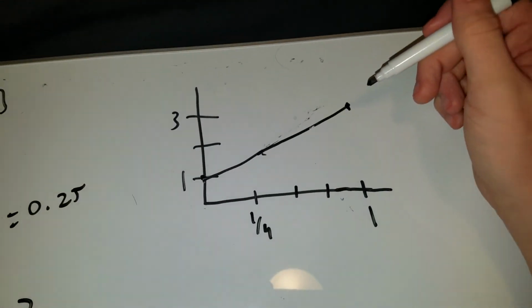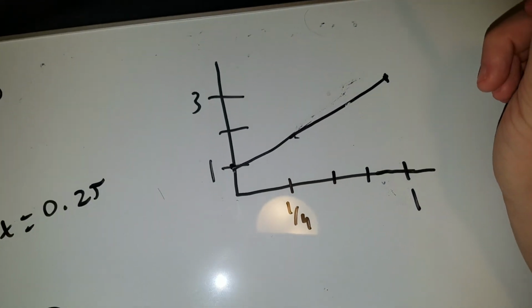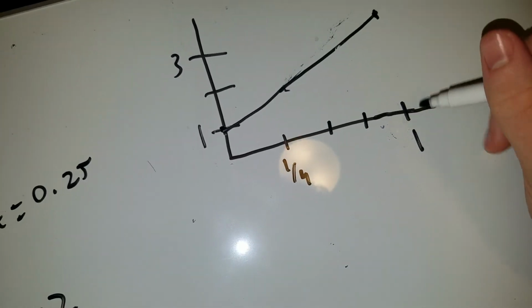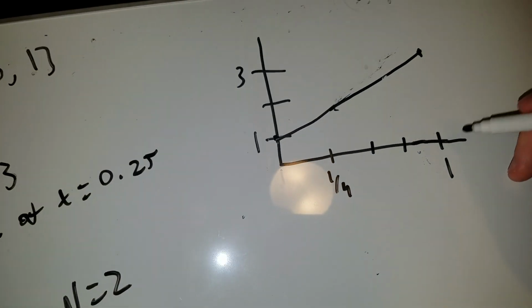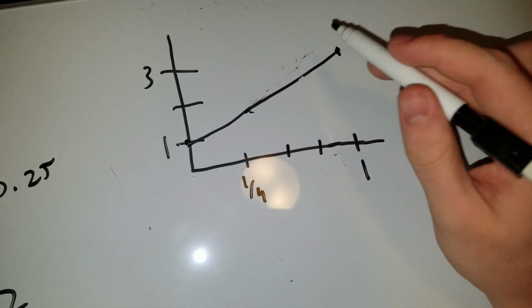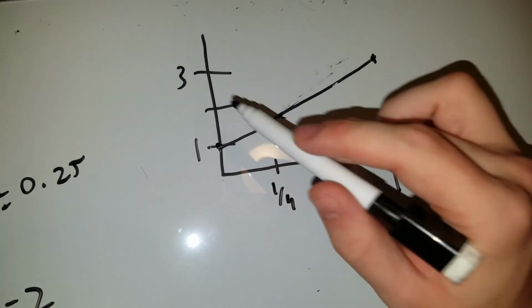If we know that it's continuous on this whole interval from 0 to 1, and at x equals 0 it's 1, and at x equals 1 it's 3, then we know there has to be a point at 2, because 2 is between 1 and 3.